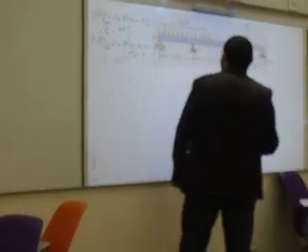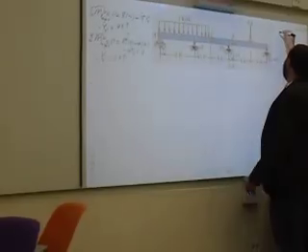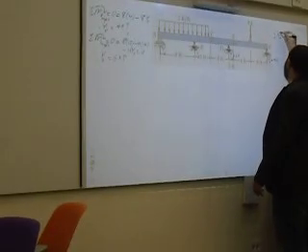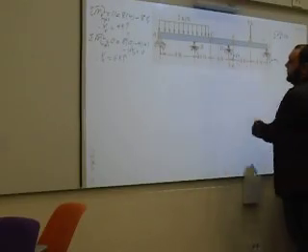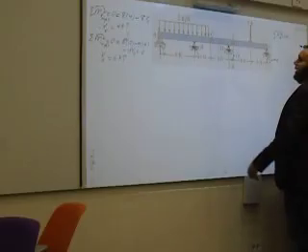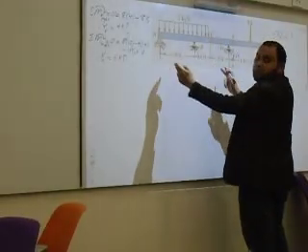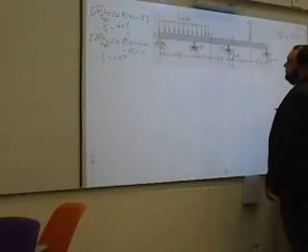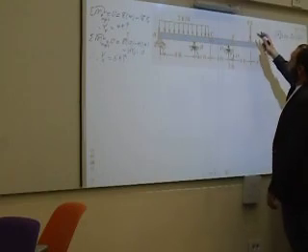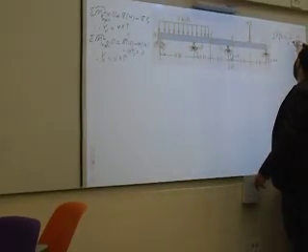Now I can take the moment globally for the whole thing at A. So sigma moment about A equals 0. I got this one, I got that one, I need YB now. So I'll have this load, the 2 kips per feet, times the distance 12, times the centroid, which is 6. And I have my load 8, and this distance is 10 plus 12, which is 22, so plus 8 times 22.